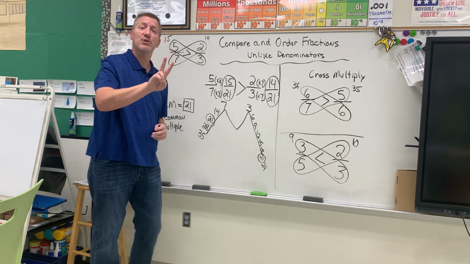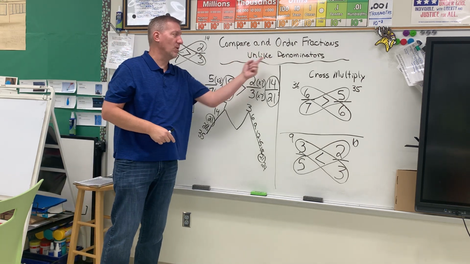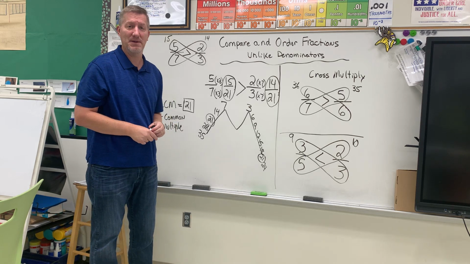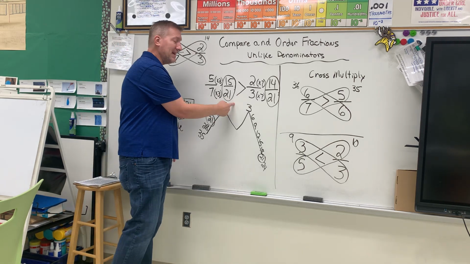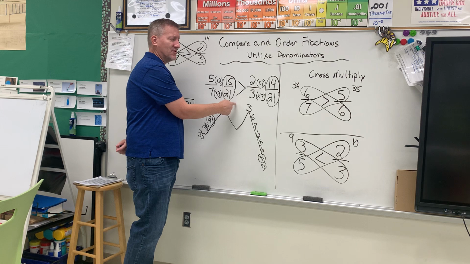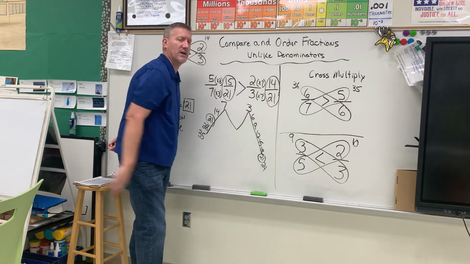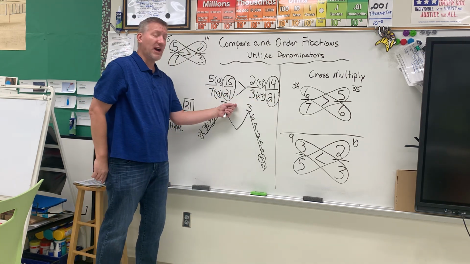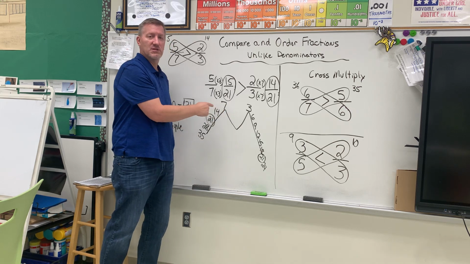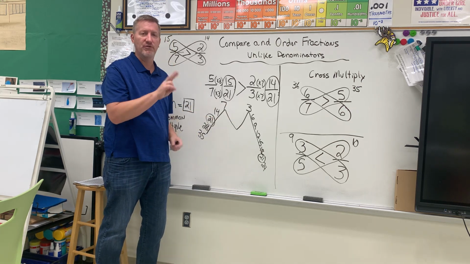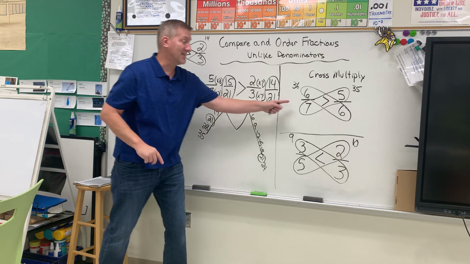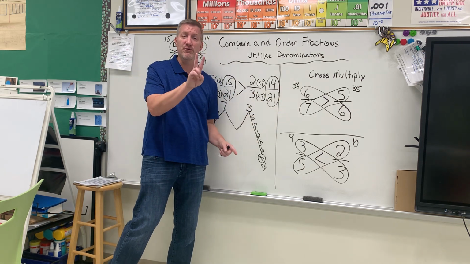Okay, so 2 different ways to compare and order fractions with unlike denominators. Now, you might say, why would we use this way when this way is so much quicker? For 2 fractions, I wouldn't use this way, because this way is a lot quicker for 2 fractions.